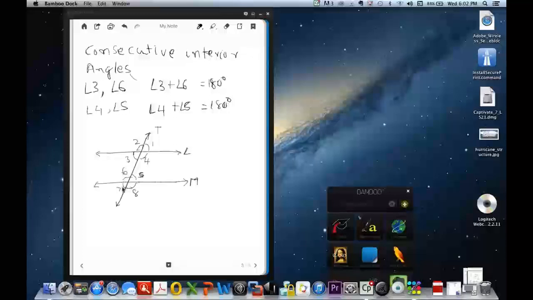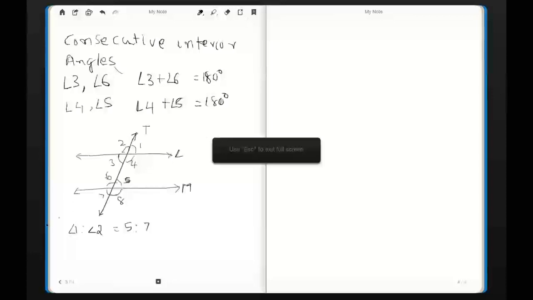It is given that angle 1 is to angle 5 is 1:7. That's what's given. So this is what's given.